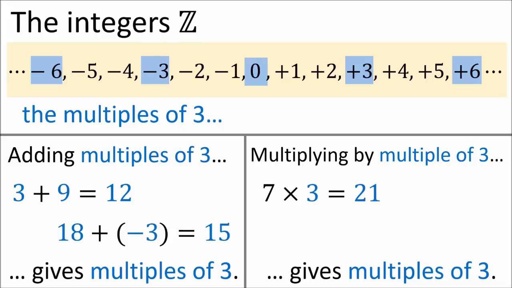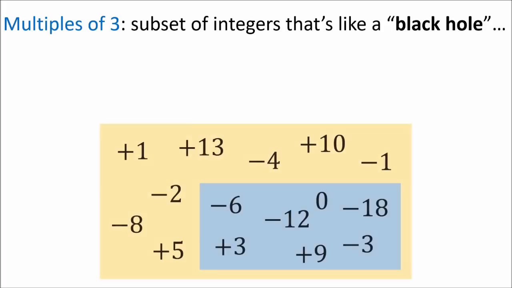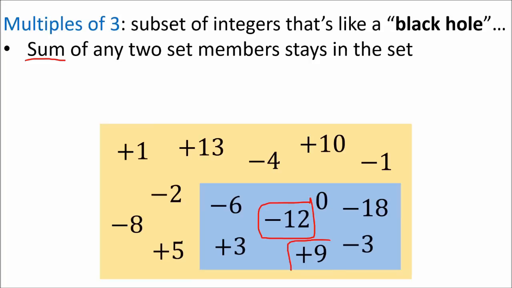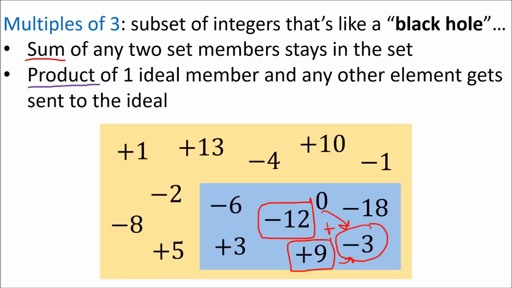For example, 7 times 3 equals 21, and -5 times 3 equals -15. So the multiples of 3 are a special subset of the integers that's sort of like a black hole. The sum of any two members in the set gives a result that's still in the set. And the product of any integer with a member of the subset will result in another member inside the subset.